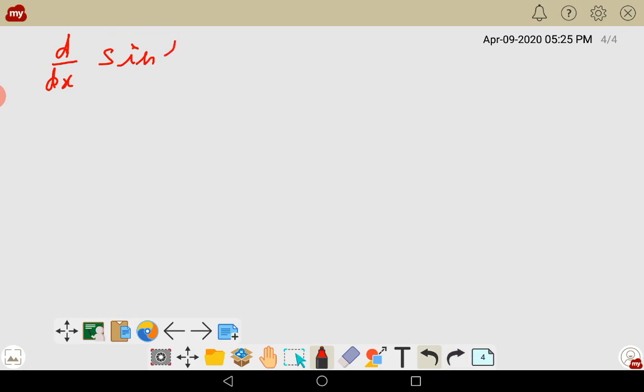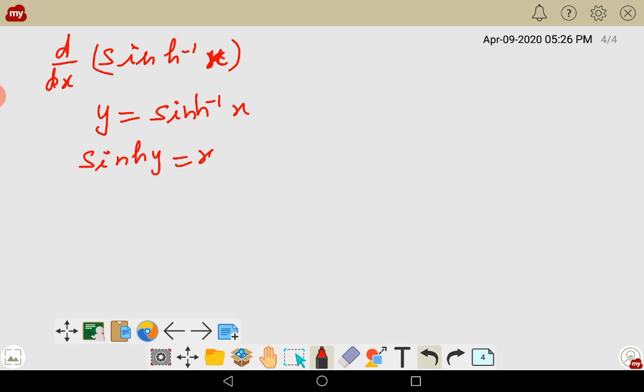Sine hyperbolic inverse u; let us take it as x, and then we can write it for u if there is any function. Let's take y is equal to sine hyperbolic inverse x. Therefore, sine hyperbolic y is equal to x, isn't it?